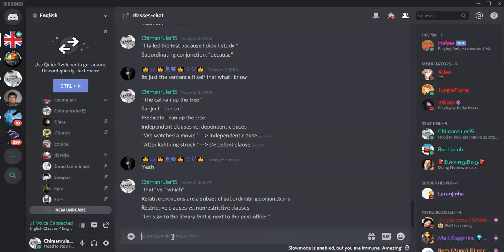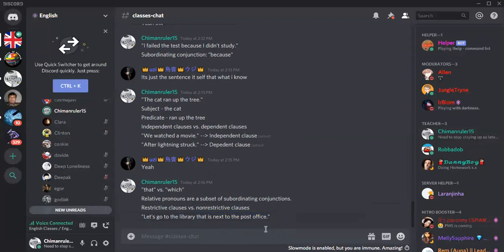Okay. So here we have a complex sentence, which is of course a dependent clause and an independent clause put together. So here the independent clause is let's go to the library, and the dependent clause is that is next to the post office. This second part right here, that is next to the post office, is a restrictive clause because it is essential to the meaning of the sentence.